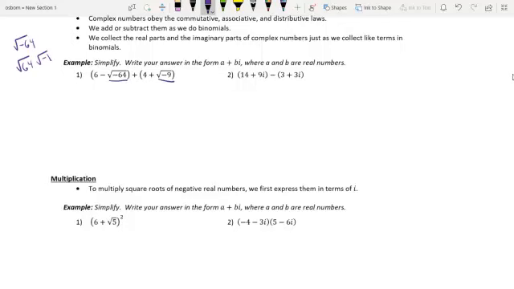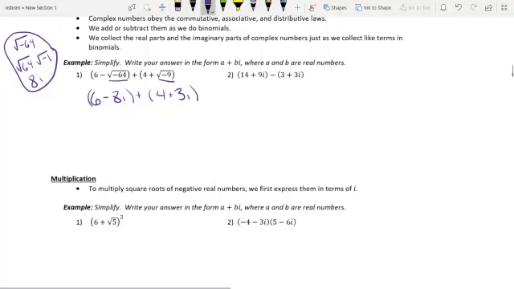Square root of 64 is 8. Square root of -1 is i. You should remember this from intermediate algebra when you dealt with imaginary numbers. So what that means here is I've got 6 minus 8i plus 4 plus, now square root of -9 would be 3i.